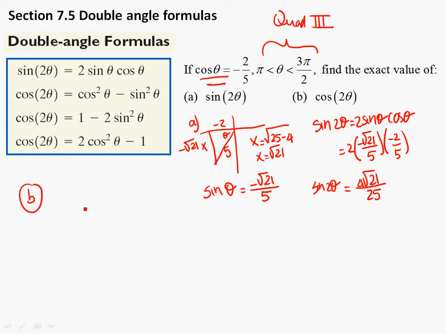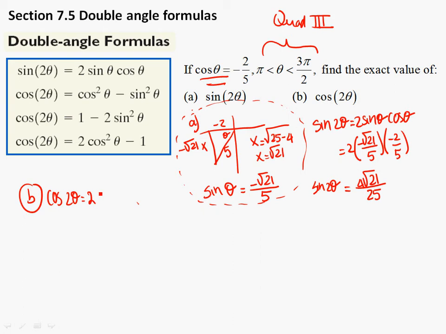Okay, how about the cosine of 2 theta? For that one, you've got a whole bunch of formulas that you could use, right? You could use cosine squared minus sine squared. Since we did figure out what the sine is, that would have worked. We could also use 1 minus twice the sine squared, or 2 times cosine squared minus 1. If I didn't want to do this mess here, I would have picked the bottom one, because it only relies on the cosine, and that's the only thing that's given.